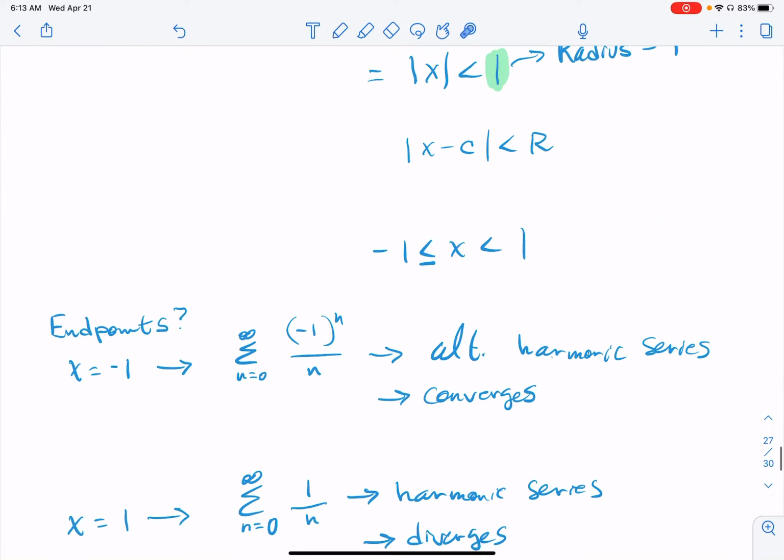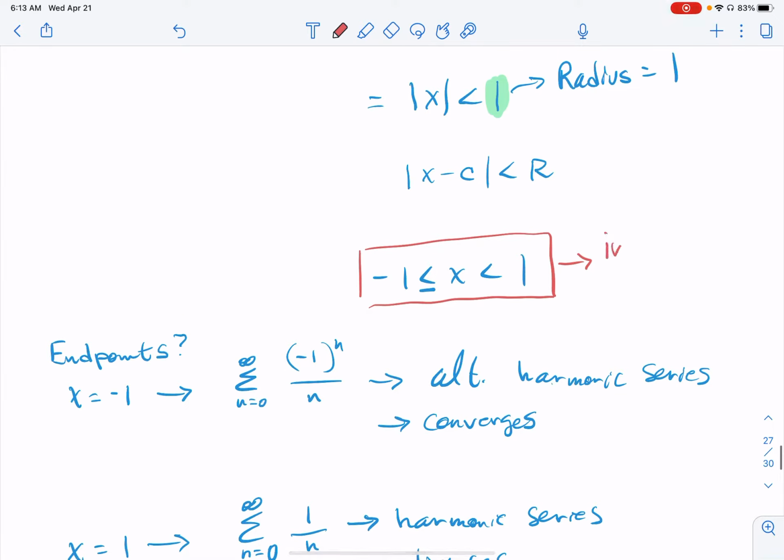That means that we don't get this endpoint. And here is our final answer for our interval of convergence. We got the left endpoint, but we didn't get the right endpoint. This is the interval of convergence.